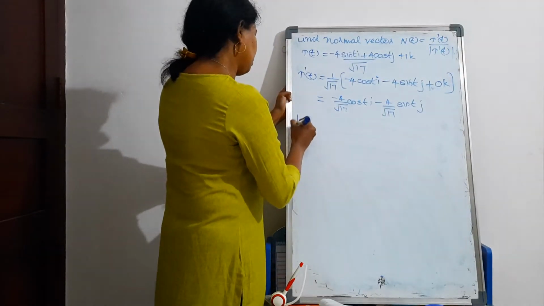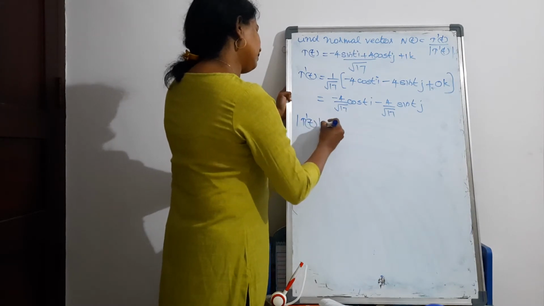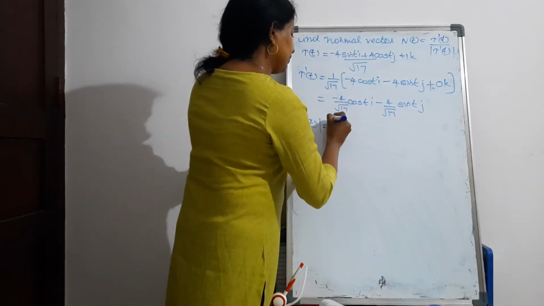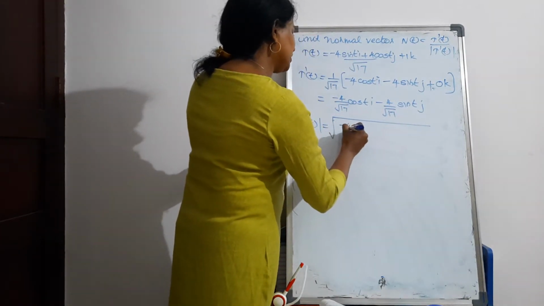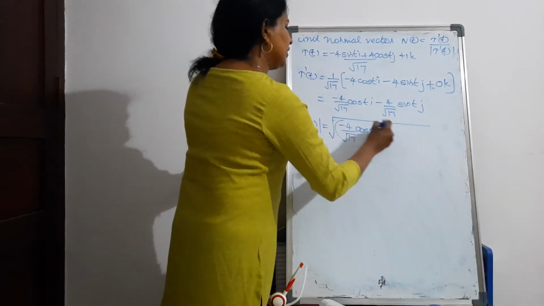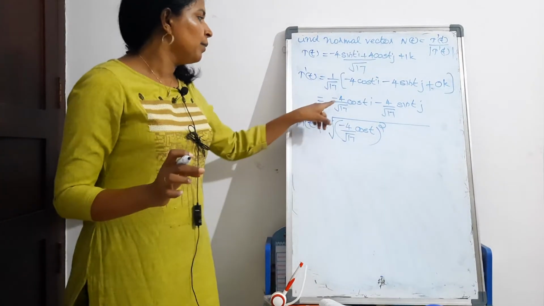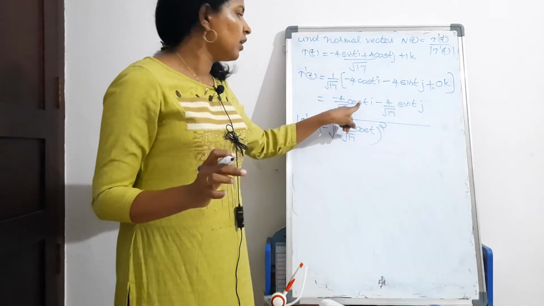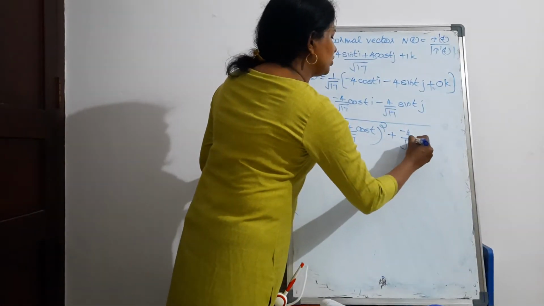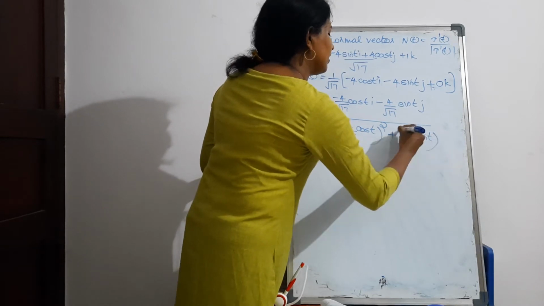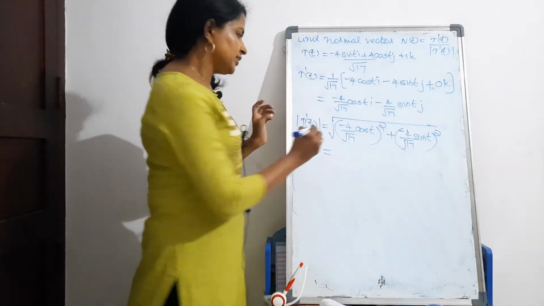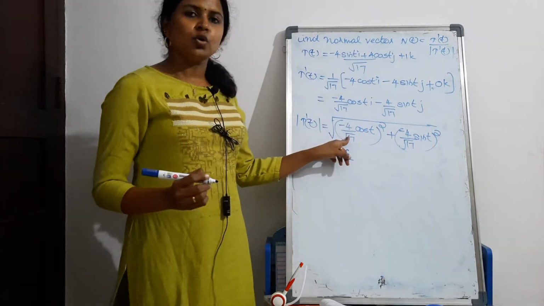Then mod T dash t. What is mod T dash t? It is the modulus of this vector, that is the square root of minus 4 by root 17 cos t the whole square, that is the coefficient of i, plus minus 4 by root 17 sin t the whole square. Minus 4 square is 16 by root 17 square.